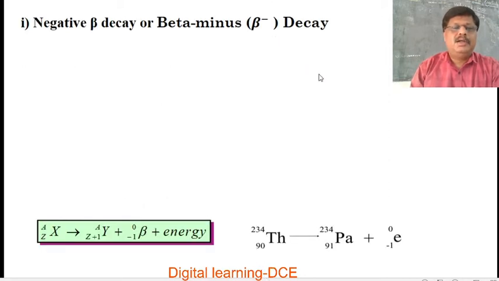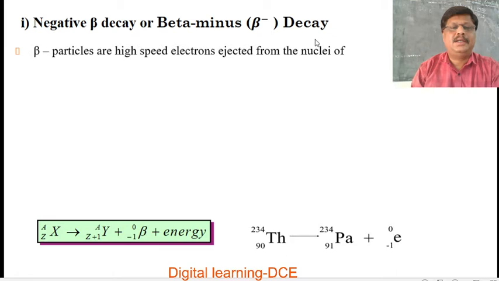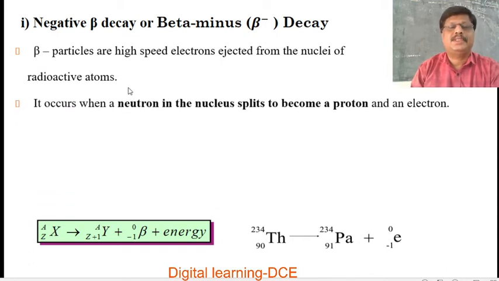We'll study the first one, the negative beta decay or beta minus decay. Beta particles are high-speed electrons which are ejected from the nucleus of radioactive atoms. It occurs when a neutron in the nucleus splits to become a proton and an electron.